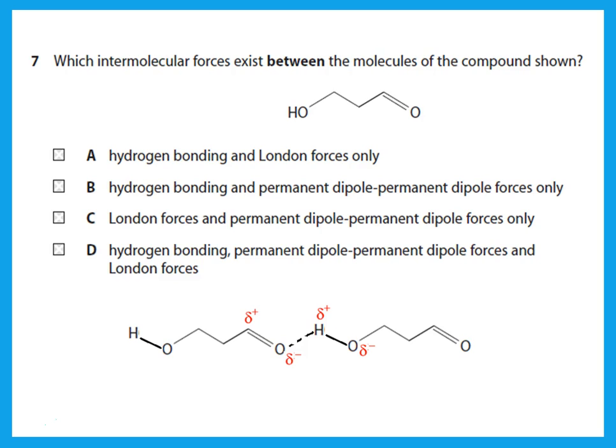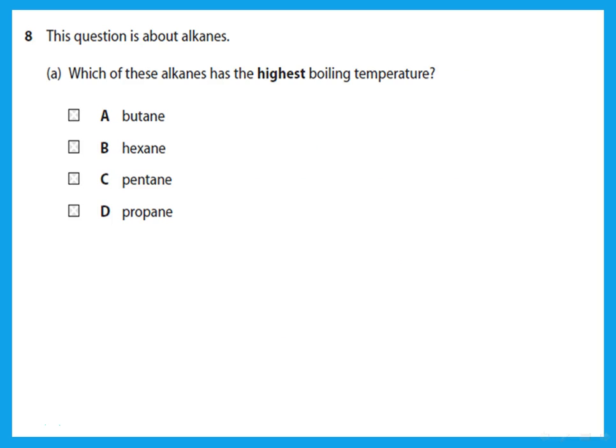Of course, all of these covalent compounds have weak London dispersion forces between them. So any of these molecules will have London dispersion or London forces. This one also has permanent dipole interactions. And since we have a hydrogen attached to an electronegative element, it also forms hydrogen bonds. So all these three are present between these molecules.